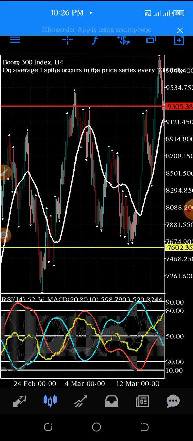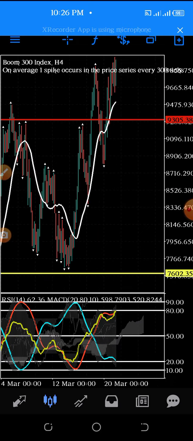I've shown you, and I hope you understood now how you can draw your support and resistance. I said you should draw this using a high time frame, H4. That is highly recommended. Don't use a lower time frame to draw your support and resistance.